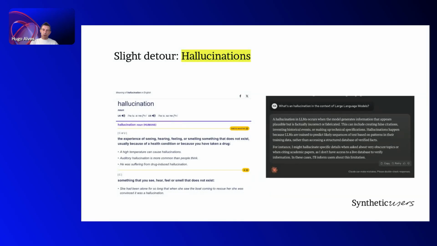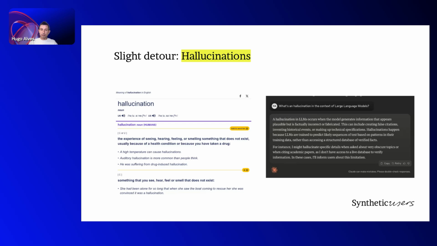One slight detour. It's not really a detour because it's quite core to the discussion we're having, but we keep hearing about hallucinations. And hallucinations in the context of mental health or humans have quite a different meaning from what they have in the context of AI and large language models. In the context of humans, a hallucination is perceiving something, seeing, feeling or hearing something that doesn't really exist.